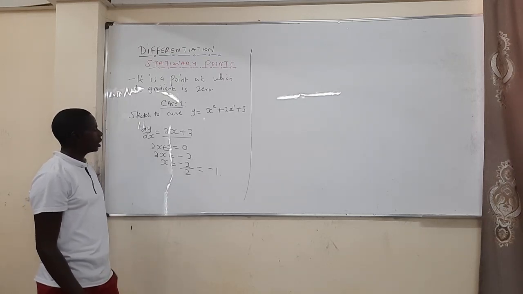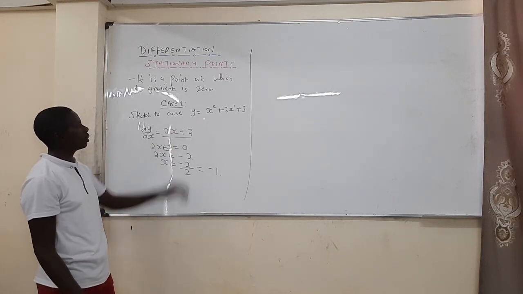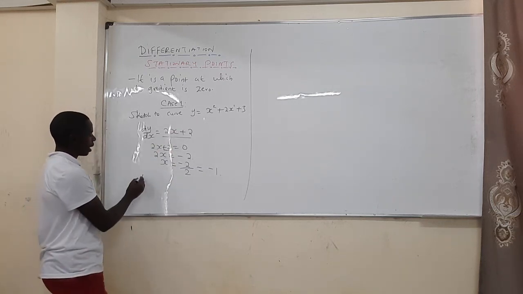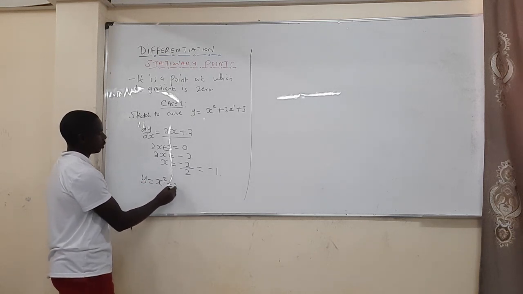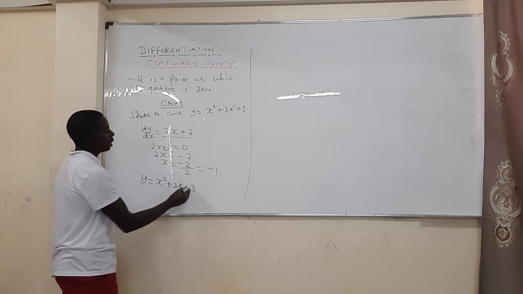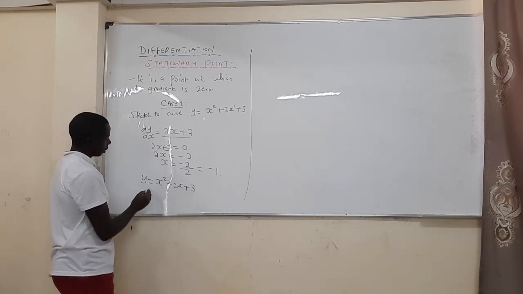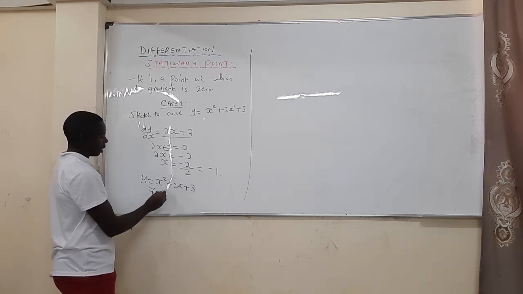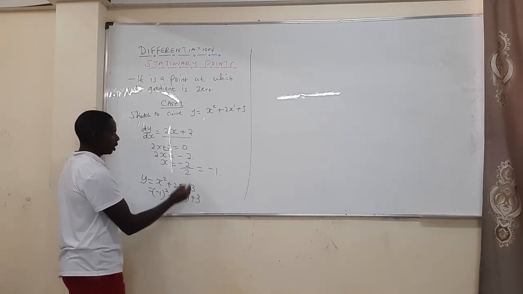Now, to get the coordinate of the stationary point, we need to use the equation of the curve, y equals x squared plus 2x plus 3. We replace x with minus 1, so we have minus 1 squared plus 2 times minus 1 plus 3.